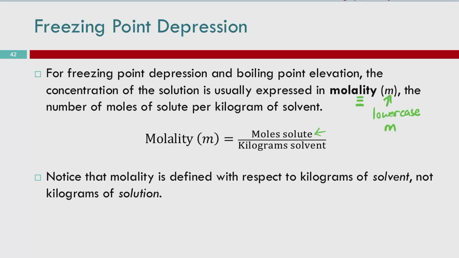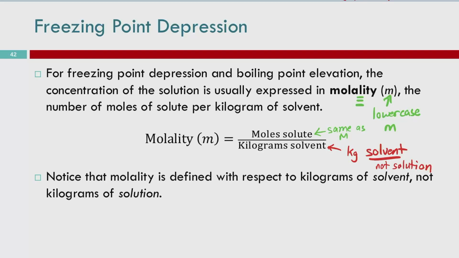The top is moles solute. This is the same as with molarity. It's still moles solute. The bottom is different. It's kilograms, and it's solvent, not solution. So in molarity, we had liters of solution on the bottom.